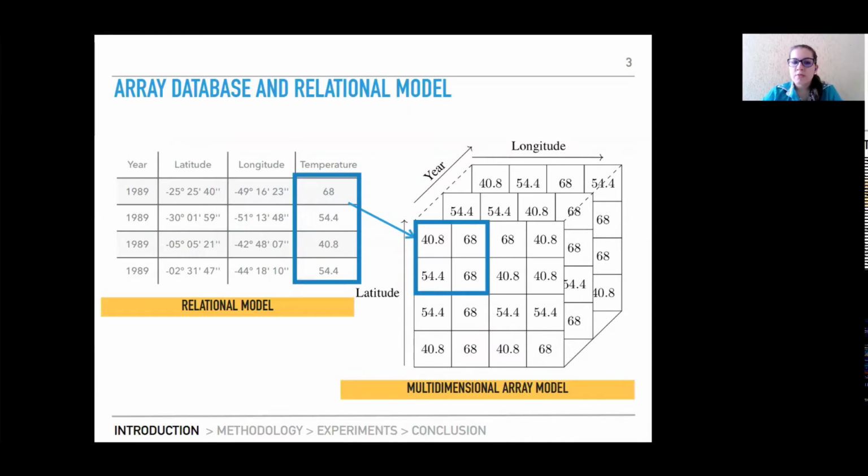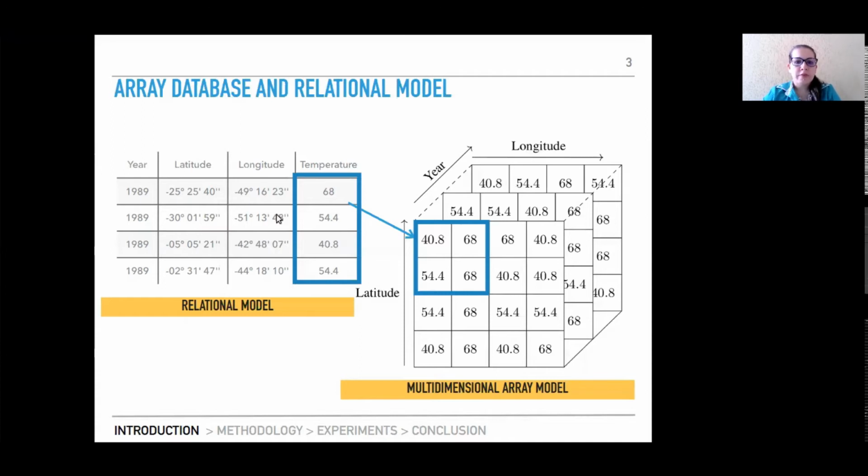In comparison to the traditional relational model, the array database implements multidimensional data models to serve many applications that do not fit the traditional relational model. For example, the data presented correspond to temperature changes over the years in a given location, identified by longitude and latitude.